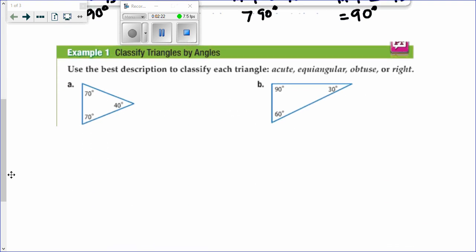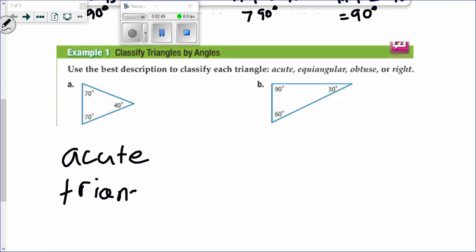Classify these triangles here. In example 1, by angles, use the best description to classify each triangle: acute, equiangular, obtuse, or right. Of course, in A here, clearly the measure of all 3 angles is less than 90. They are not all equal, so this would be considered an acute triangle.